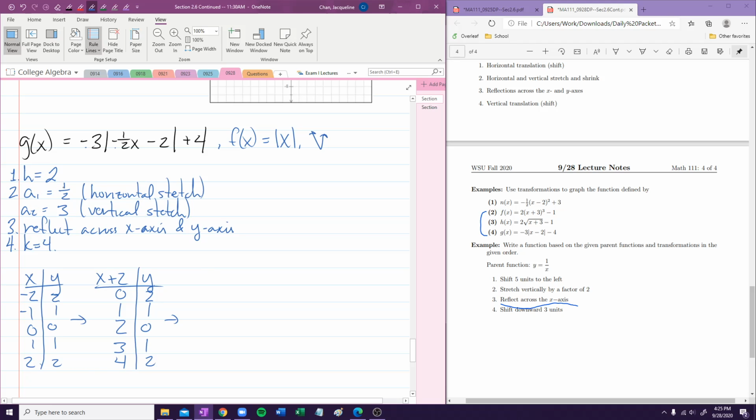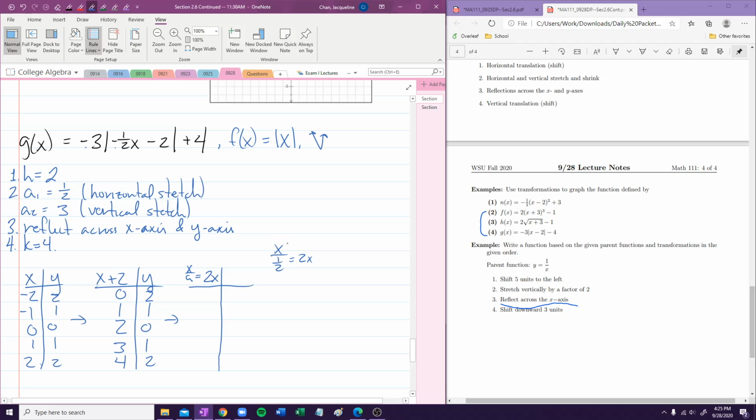Okay, so now I have a horizontal stretch and a vertical stretch. So I can actually do this at the same time. Remember, for a horizontal stretch, it is our x values, right? It's changing our x values, so it is going to be x over a. Okay, we have x over 1/2, so 2x.